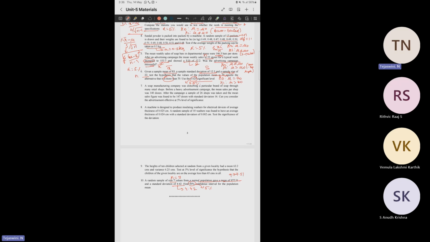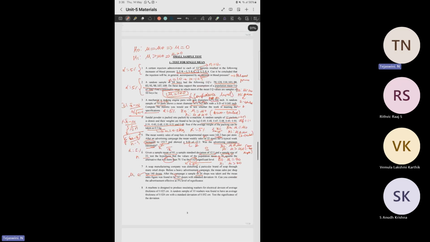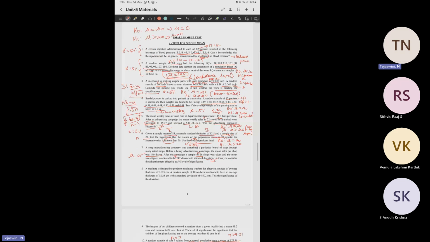For the seventh question, a new soap manufacturing department was distributing a brand to many retail shops. Before the heavy advertising campaign, the mean sales per shop, the population mean, is given to us. Then a sample is given to us, and the mean sales was found out to be the sample mean given to us. Standard deviation small s is also given to us.